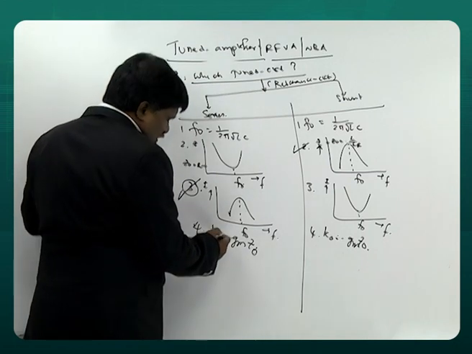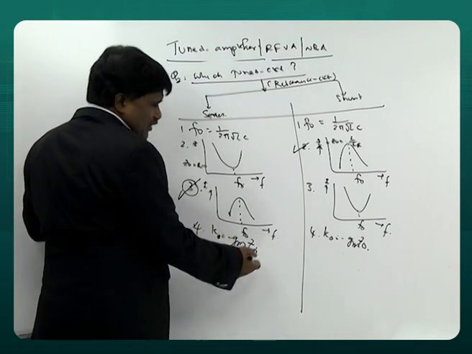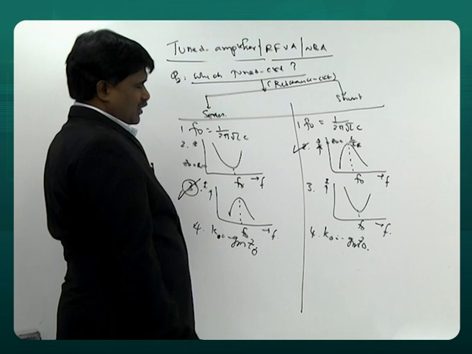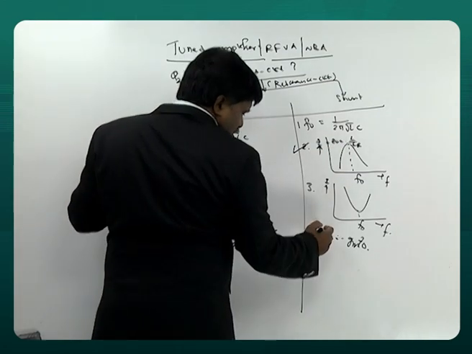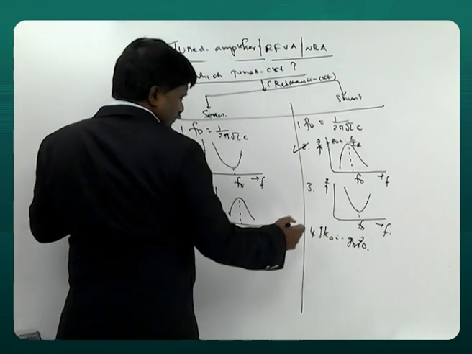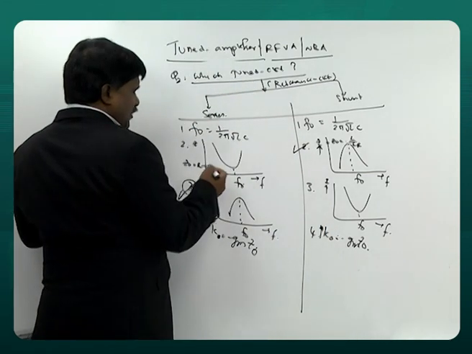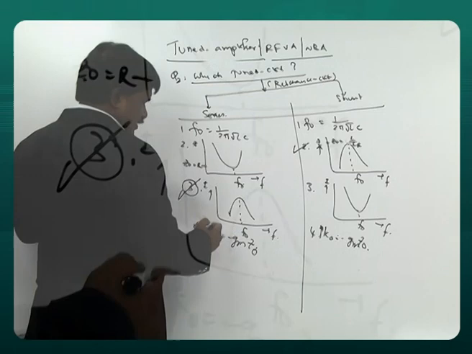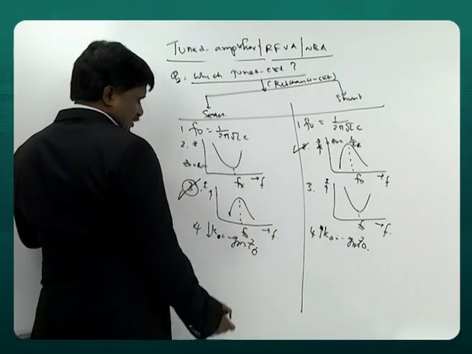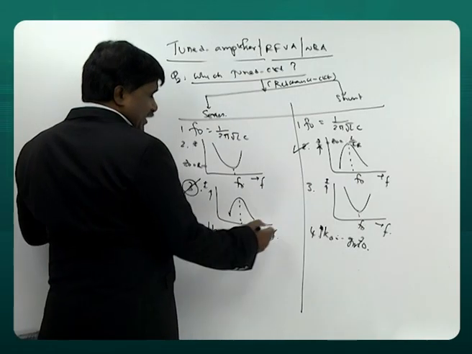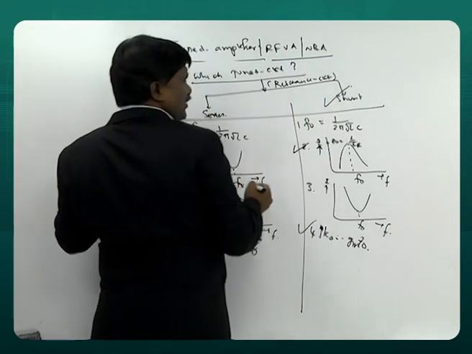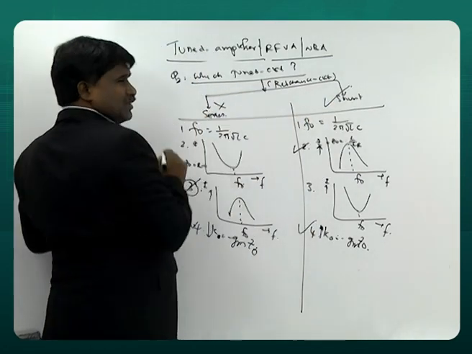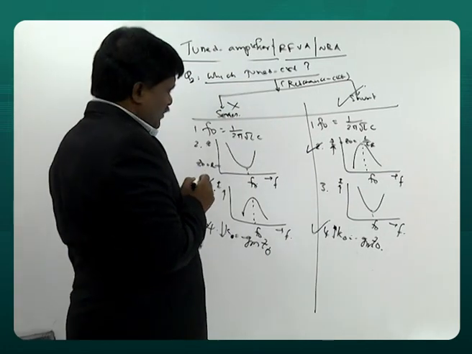So when K0 is equal to minus GM into Z0, here Z0 is great, therefore this is high. Here Z0 is lesser, that's why this gain is low. So low gain is bad, high gain is good. That's why parallel resonance is preferred to series resonance.